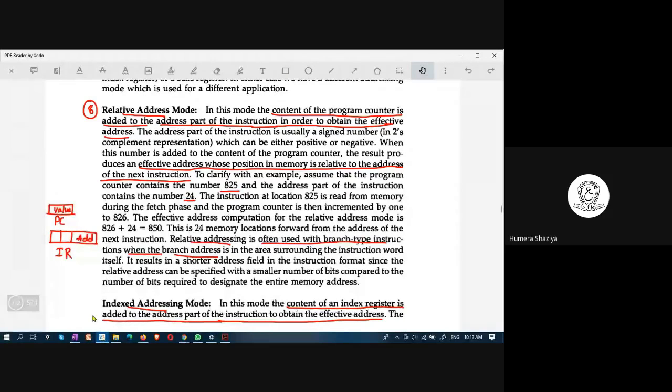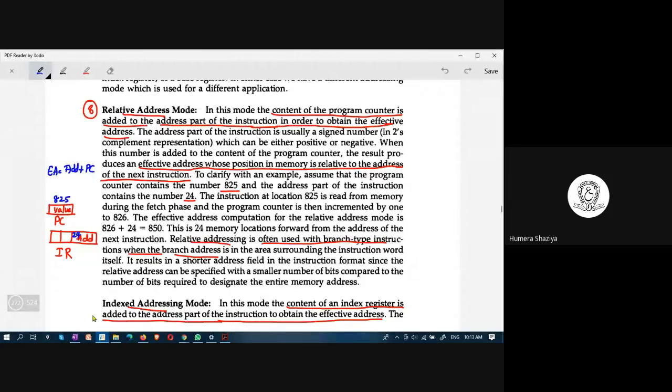Consider the program counter holds a value of 825 and the address part of the instruction contains the value 24. Then how do we obtain the effective address? The effective address is obtained by adding the address part of the instruction plus the content of the program counter.